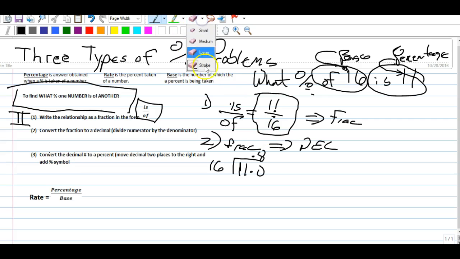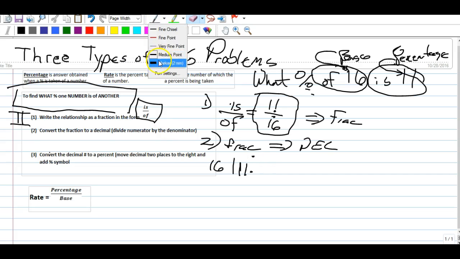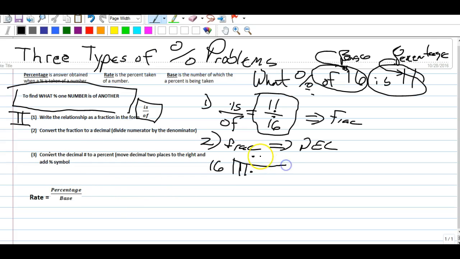0.6875. And again, I'm not going to do the arithmetic here because we've already discussed how to divide decimal numbers in a previous section.